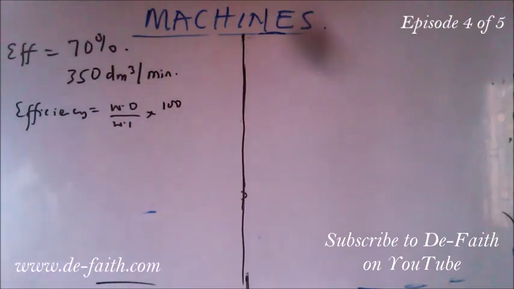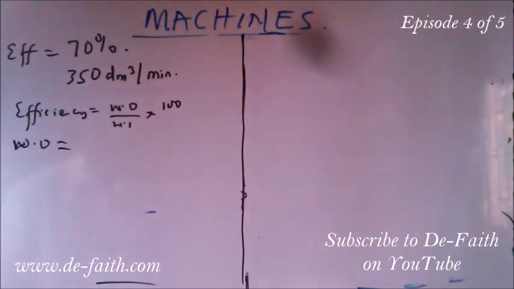In this question, we were given power, and so the work output is the work done or the energy expended over time. If you look at our question, we were given 350 dm cubed per minute as the rate at which water was delivered.